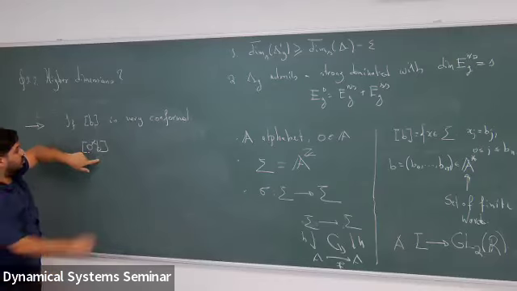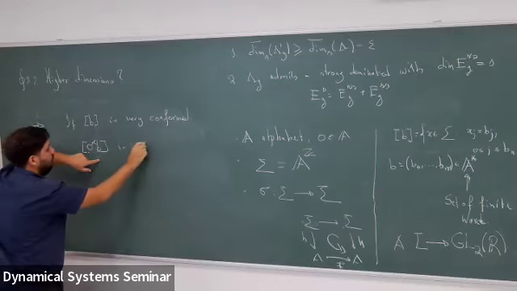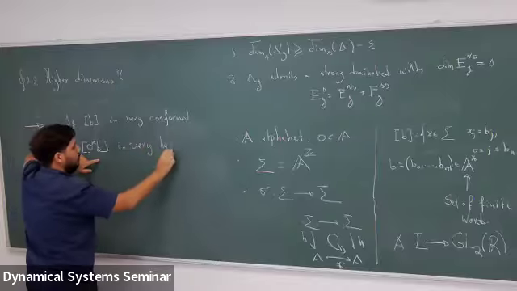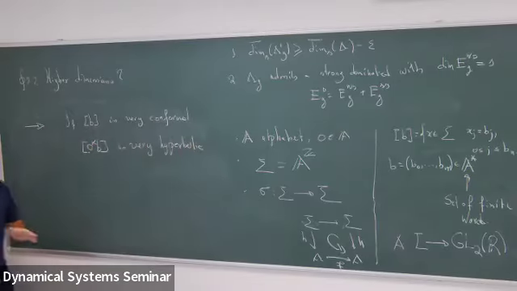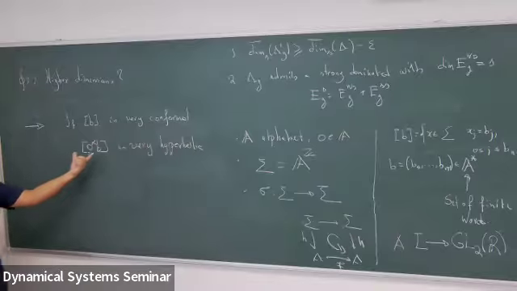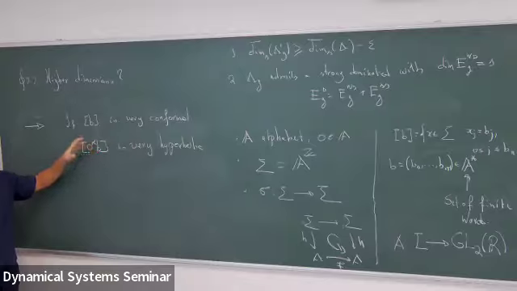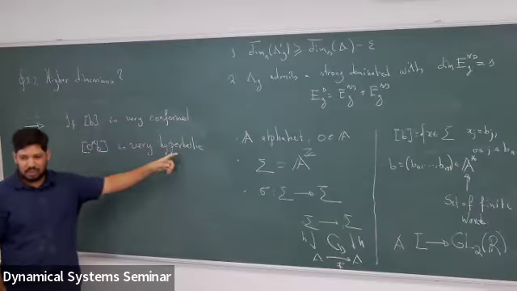This guy is very hyperbolic. Now you have plenty of words that you can construct without losing this k. It's related to the size of B, it's much smaller. So the hyperbolicity is not that big.